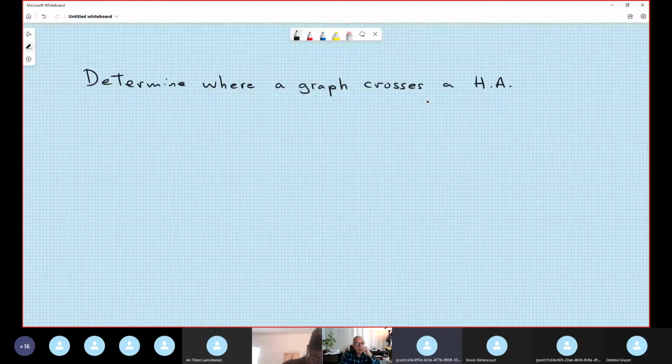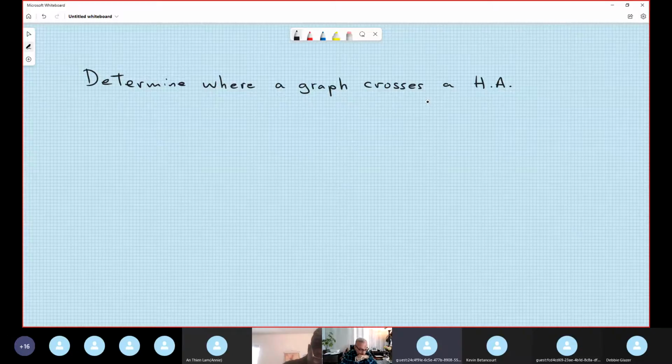This is a new idea I want to discuss now. Our graph does not always cross a horizontal asymptote, but sometimes it happens, seldom. This is an important point, and you don't forget this. Students frequently forget this idea.